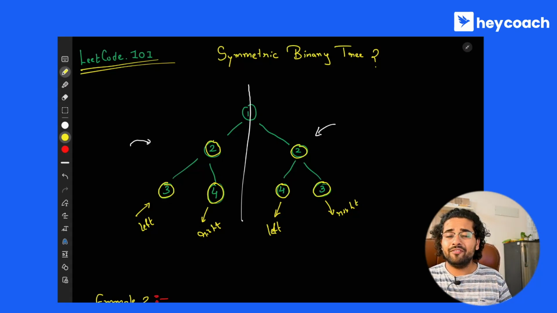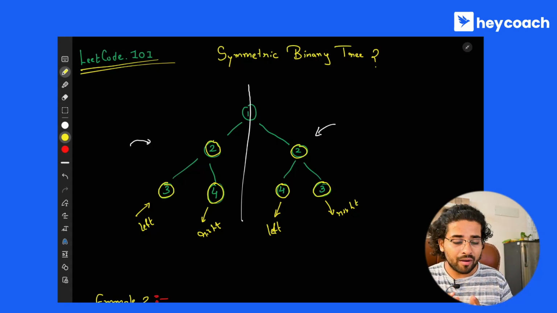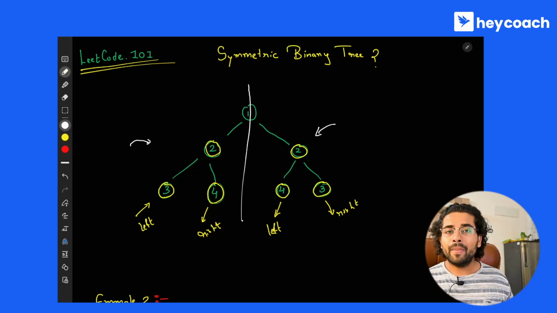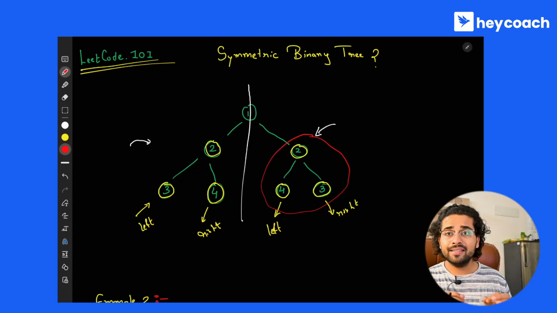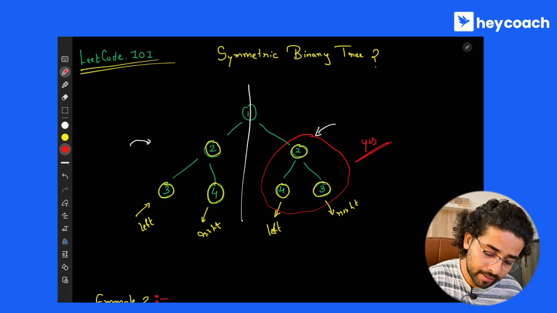This is the definition of mirror or symmetric. By seeing this tree, we can say that it is a mirror around the center, so it is a symmetric tree.